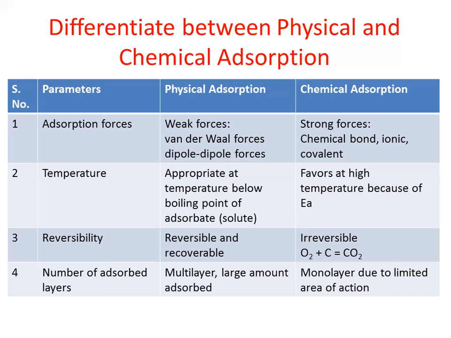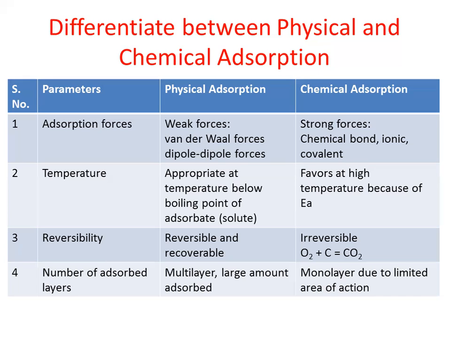So based on the adsorption forces and reversibility, you can define the fourth one, the number of layers adsorbed. And with respect to the multi-layer, if the process is multi-layer, then a large amount is adsorbed. Of course, when there is a multi-layer adsorption, one layer, second layer adsorbed, more amount of the adsorbate is adsorbed. If there are 3 layers, then again more amount of adsorbate is adsorbed.